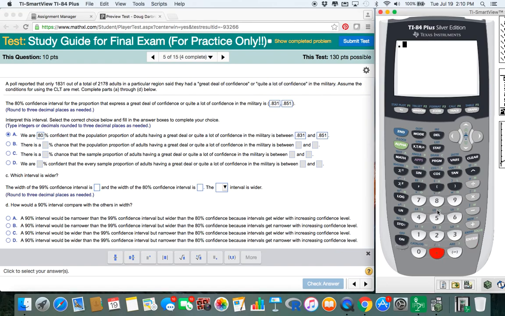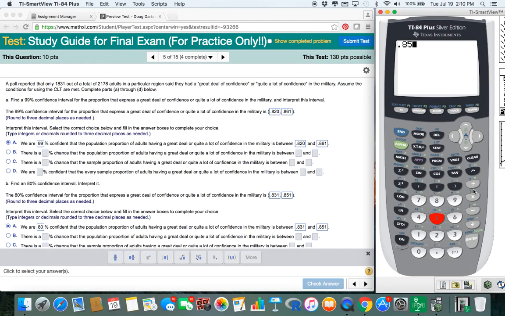We're doing the 99 first, so let's go up here and do that. So 0.861 minus the 0.82. Now, don't confuse this with the margin of error.